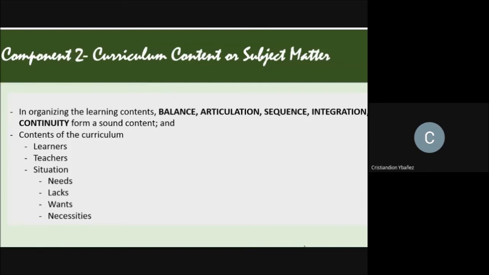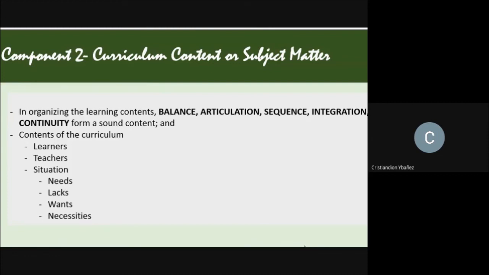This is to ensure that the level or area will not be overcrowded or less crowded so that it will have this equilibrium in the curriculum. And articulation means that each level of the subject matter is smoothly connected to the next. Glaring gaps and wasteful overlaps in the subject matter will be avoided.